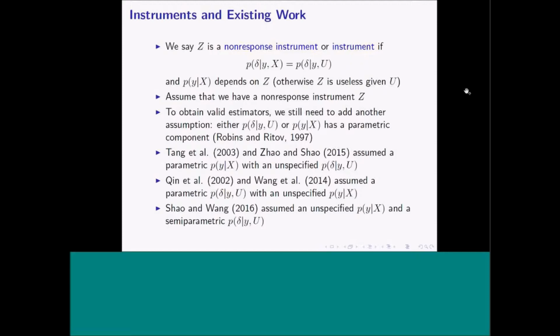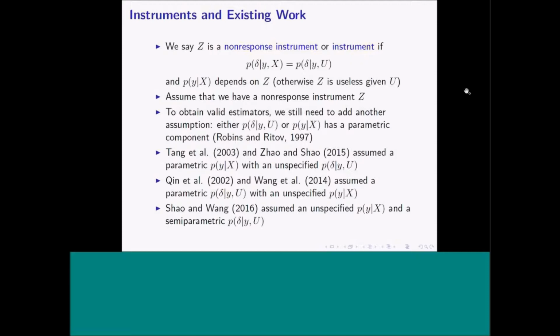So that leads to two tracks of work. One direction is the first paper published by Tang et al. in 2003. They used a pseudo likelihood and assumed that the propensity is unspecified, but the conditional density of Y given X is parametric.